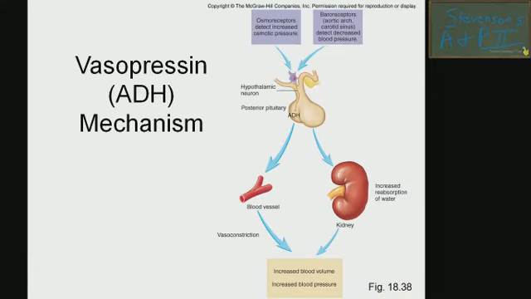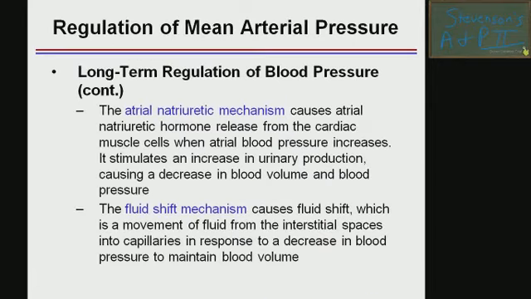Also pay attention to the fact that the vasopressin mechanism is going on. It's releasing ADH, antidiuretic hormone, causing constriction.